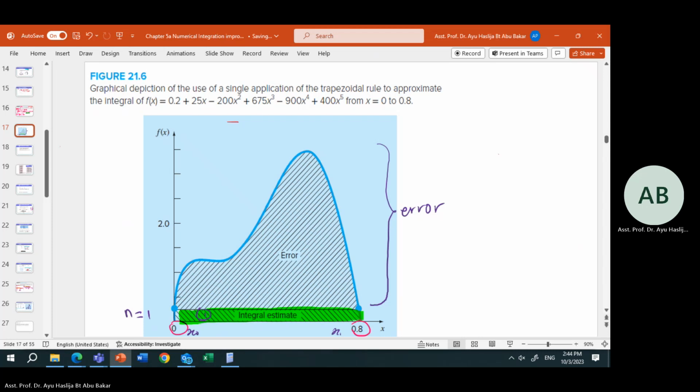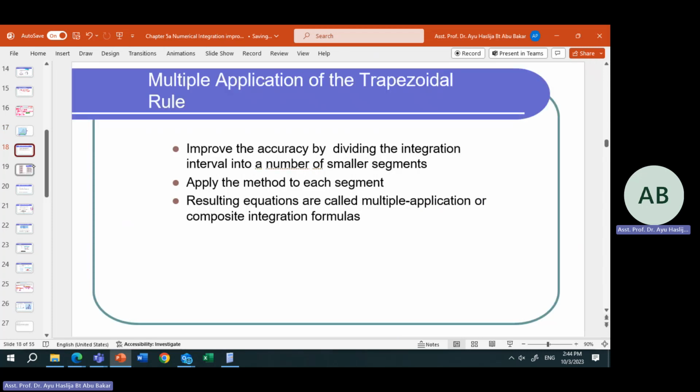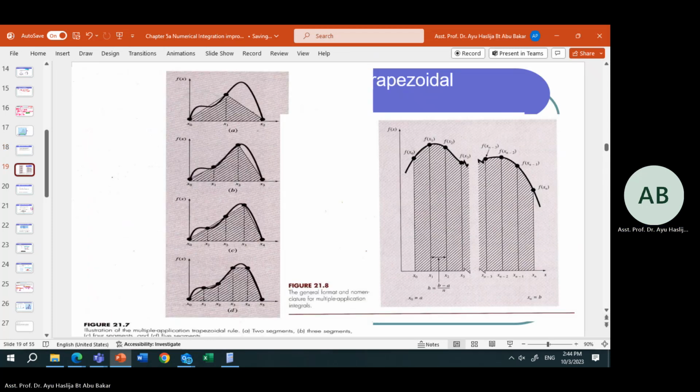Okay. Now, if you have multiple, means we use many trapezoid to calculate the area under the curve. Okay, here you see the curve. The more the area, the lower the error.